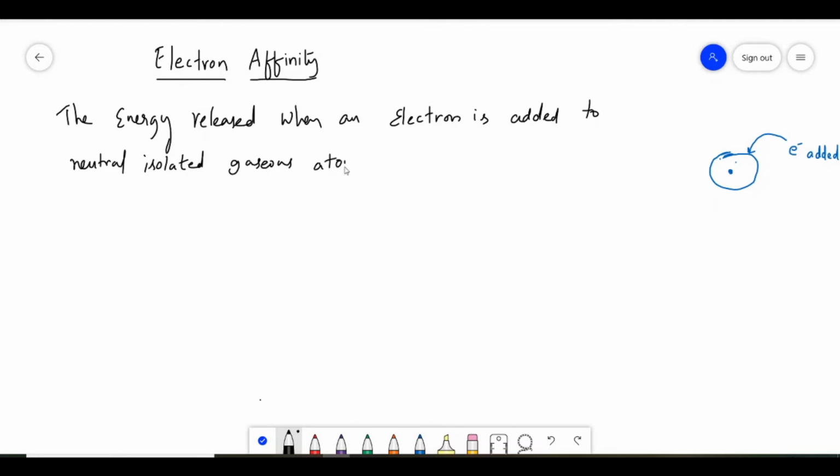So, to a gaseous atom, you are adding an electron, and the energy is released. That is electron affinity.